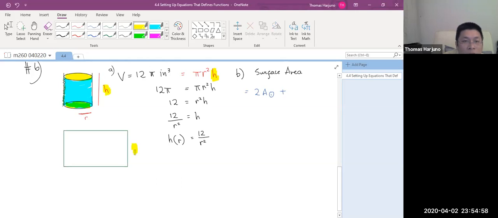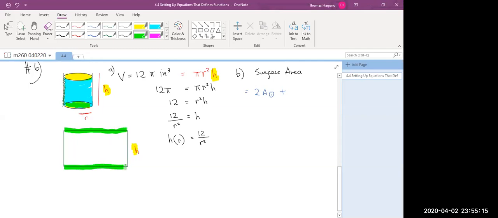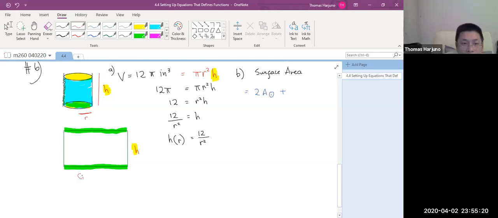But the length of that rectangle will be equal to the circumference of the circle, which is equal to 2 pi r.